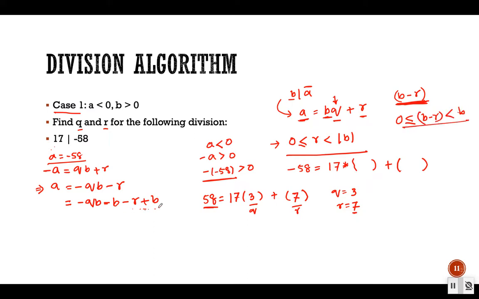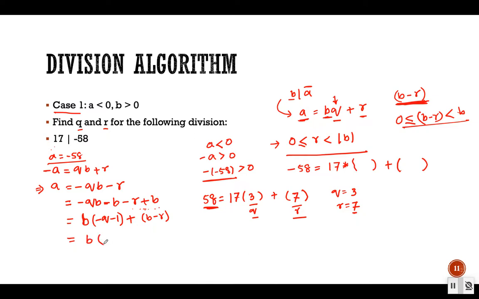So that's what I'm doing: I'm adding b here and doing minus b from here. That will cancel each other out, so that will make it b times minus q minus 1 plus b minus r. From the positive value here we got the values of q and r, so let's use them.